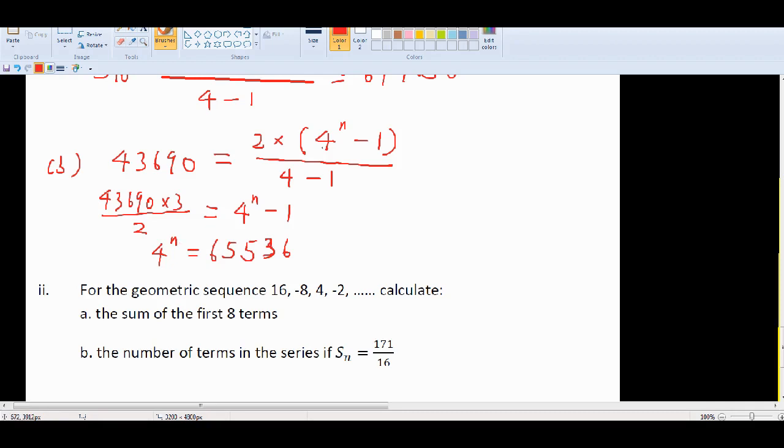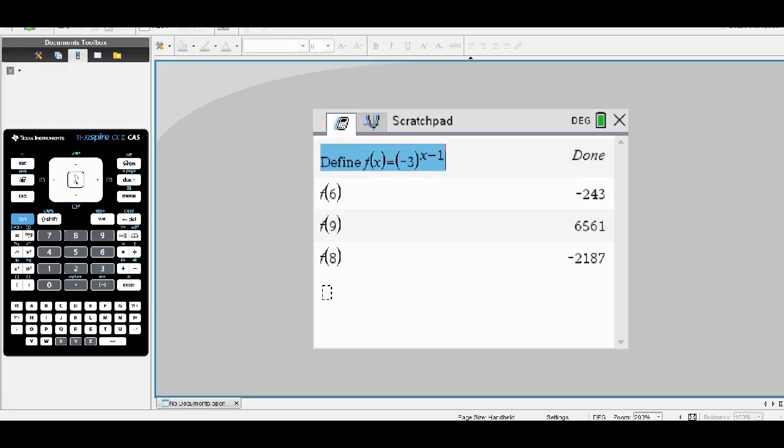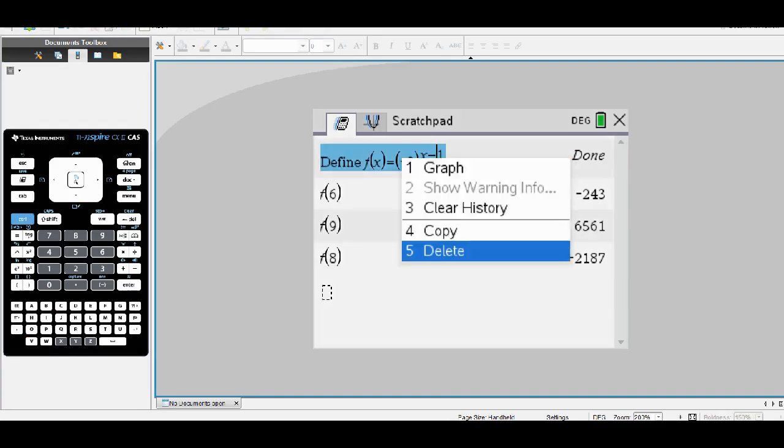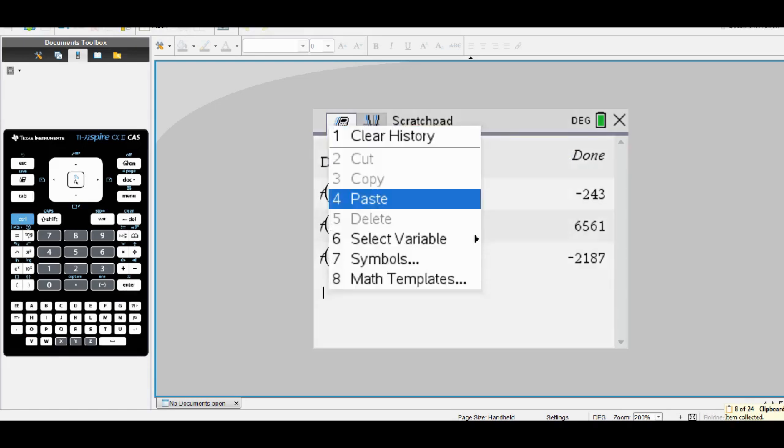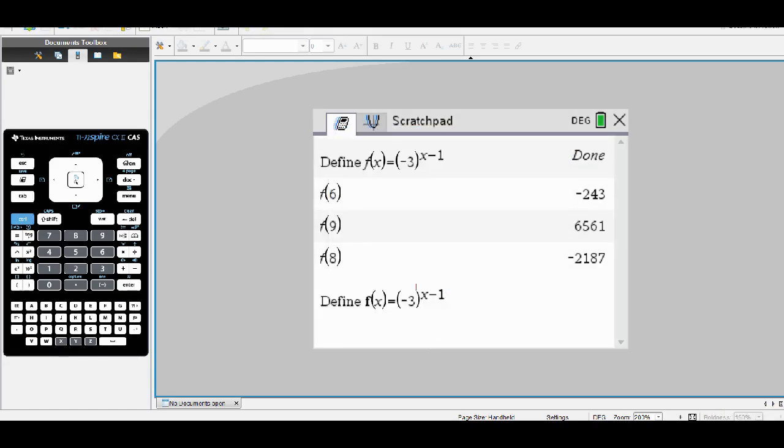Of course, in the calculator you could just put numbers into the power n until you get the answer. But I just try to use the calculator again. Let's define f(x) equal to 4 to the power x. I need to use copy and paste, but I'm going to change the content.